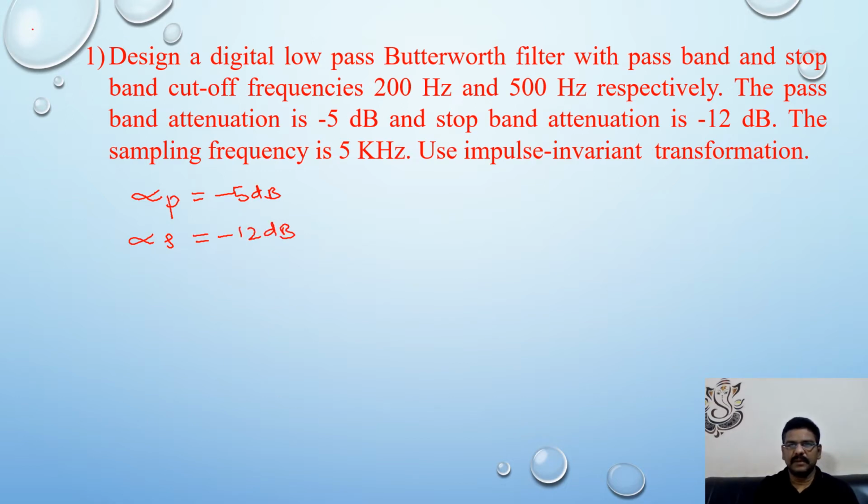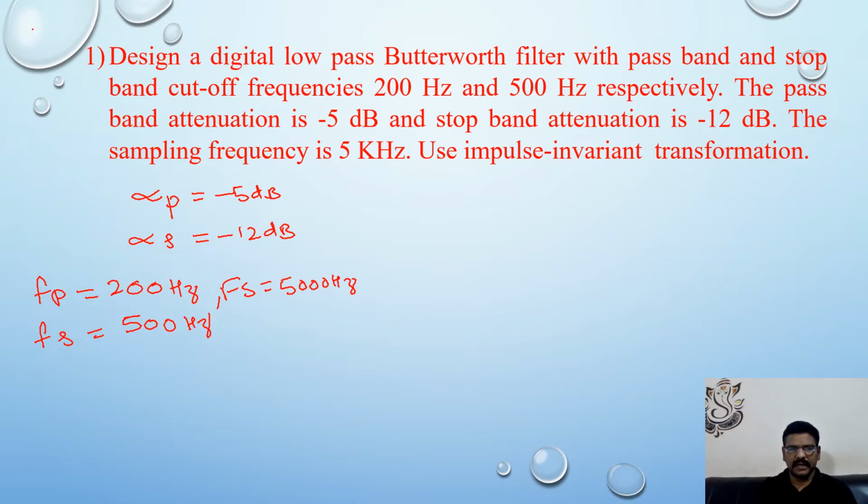And what are the other parameters we have? We have the passband frequency fp equal to 200 Hz, fs equal to 500 Hz, and the sampling frequency Fs equal to 5000 Hz, right?